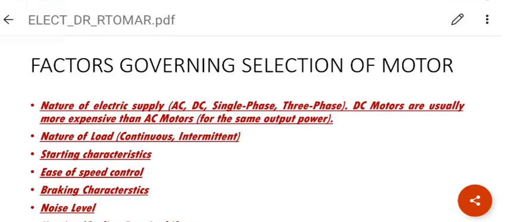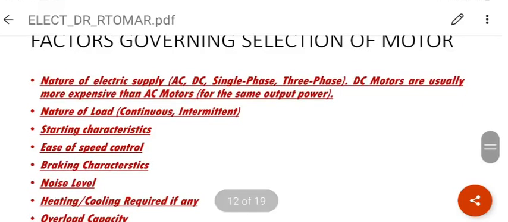If you don't need large starting torque, then shunt DC motor will do the job also. Speed control, how easy it is. So when you look at several motor options, you will ask these questions before selecting one of them. Braking. If the motor is running at full speed and you want to brake it, how fast can you or how easily can you do that?